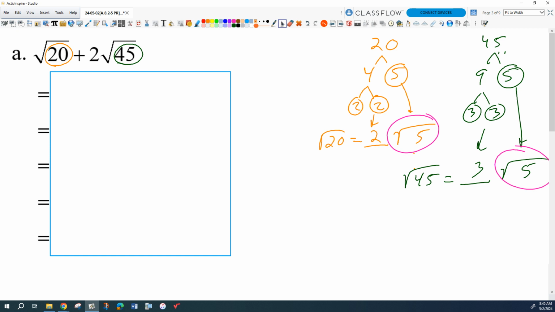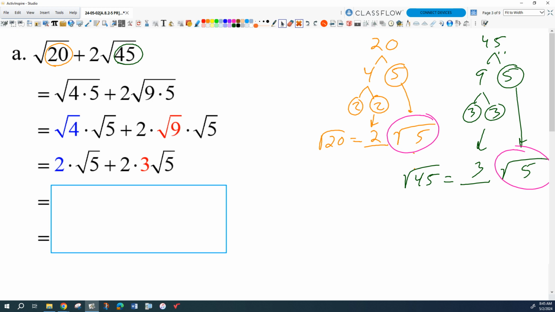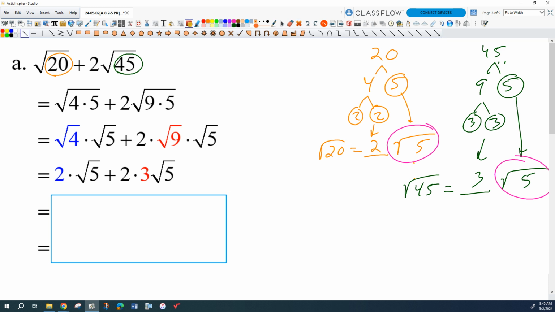Okay, let's see what we get here. This is a little different approach than what we're taking, but we could talk about it.